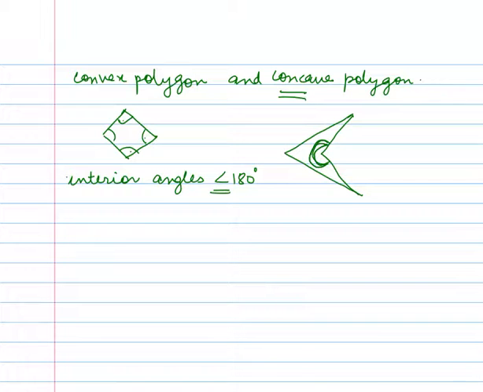So if any one of the angles is greater than 180 degrees, then it is a concave polygon. We should write it over here that if, let us say, this angle P is greater than 180 degrees, therefore this is a concave polygon, right?